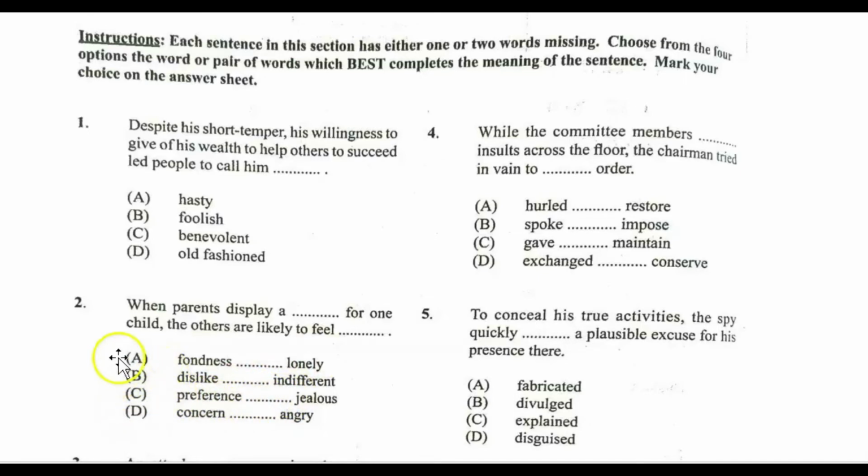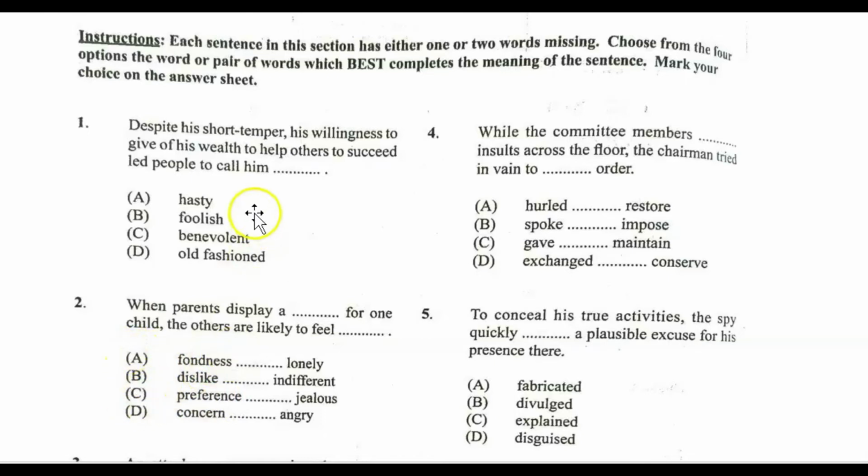And the last option reads, when parents display a concern for one child, the others are likely to feel angry. Why would other children feel angry when a parent displaying concern is something good? So it seems so far that we've narrowed down our options to 2, right? It's likely to be between A and C.